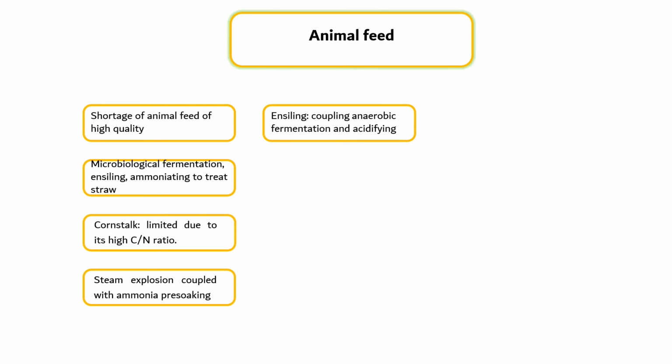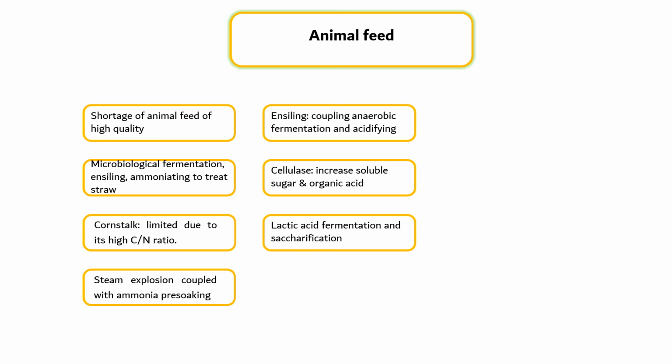Research into silage feed started years ago, and sealing is a process coupling anaerobic fermentation and acidifying, during which the soluble sugar and protein contents are low, which is unfavorable for animal consumption. Adding cellulase during the unsealing process can increase the soluble sugar and organic acid contents during the fermentation.